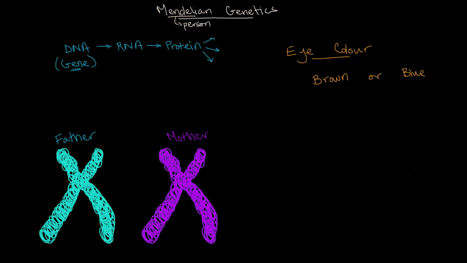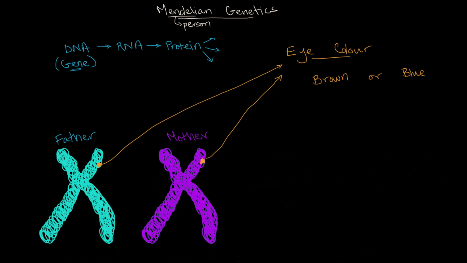And so for eye color, you might imagine that there's a specific part of the chromosome that has the gene for eye color. So let's say it's on this kind of top right arm of the chromosome. So on the same spot on your mother's chromosome that you've received, you'll also have a gene for eye color. Okay?